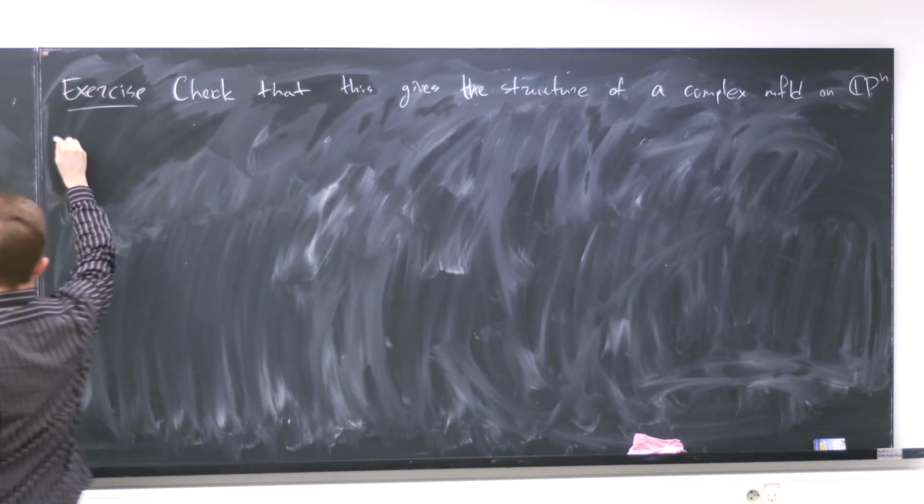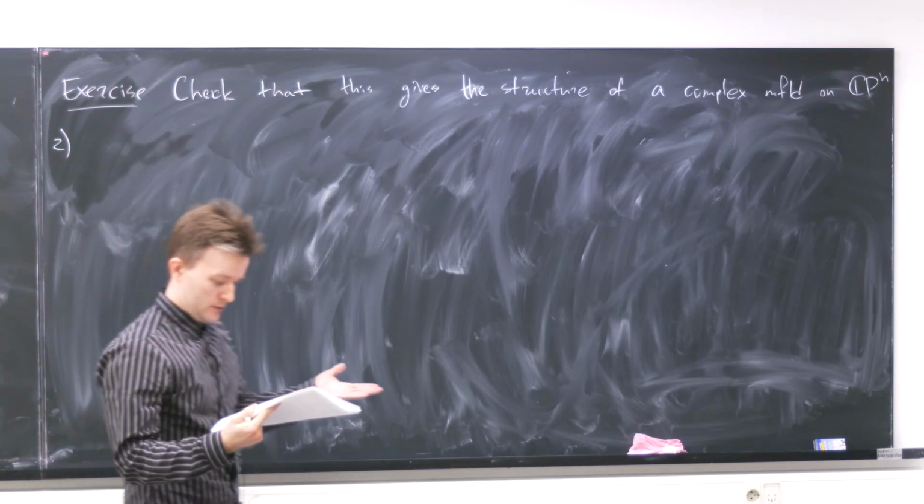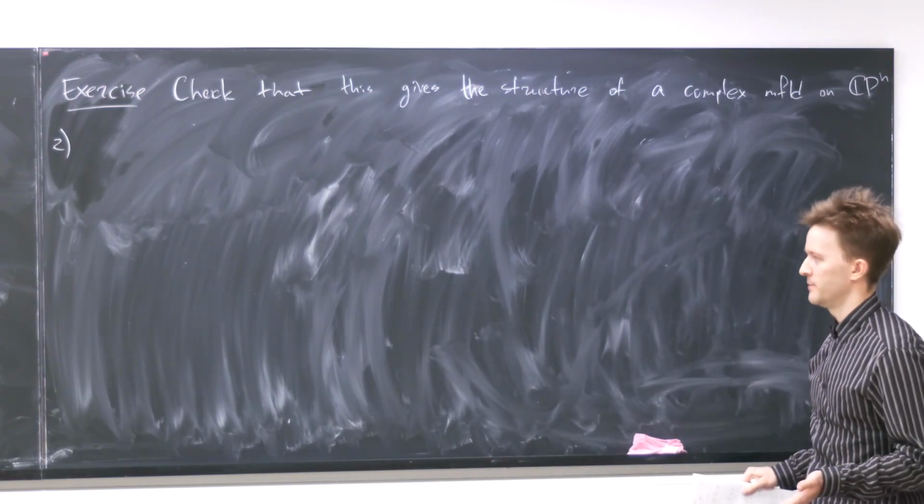And then, of course, if we have this CPn, then what we really want is to consider submanifolds in it. So a submanifold is just a closed subset which is locally defined as the zero locus of several holomorphic functions.